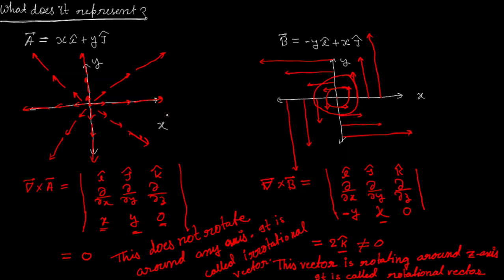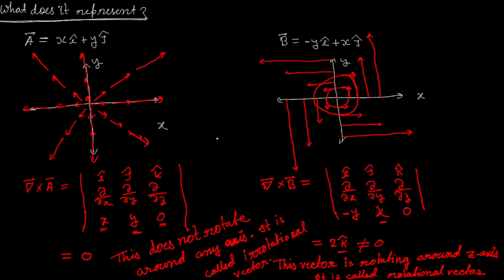Okay, so that's it. If the curl of a vector is 0, then we can say this vector is an irrotational vector. This type of vector will not rotate about any axis. If the curl of a vector field is non-zero, then this vector field will rotate around some axis, and this type of vector is called a rotational vector.